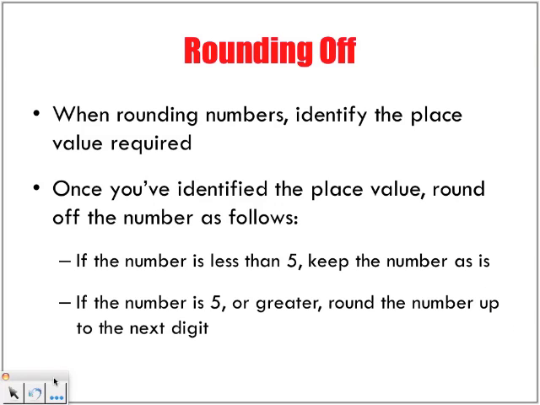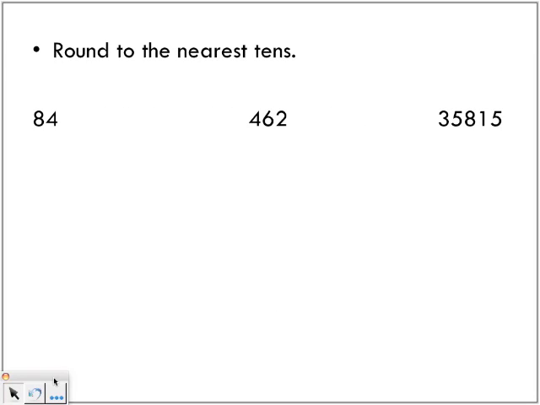Let's look at a few examples here. Round to the nearest tens. To be able to answer this, my advice to you is to underline the tens column. In the first number, 84, which of those 2 digits is part of the tens column?